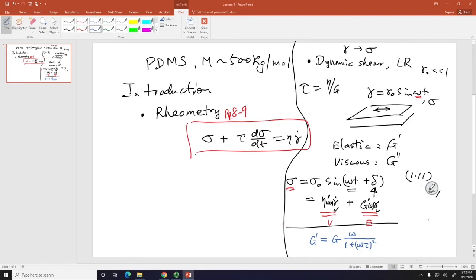I'm trying again to find the Maxwell model's definition for you.